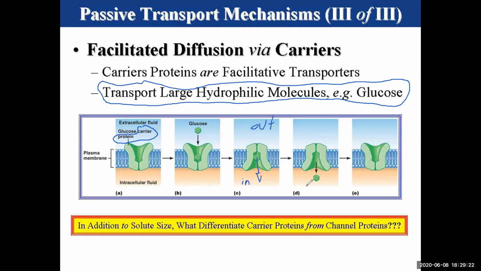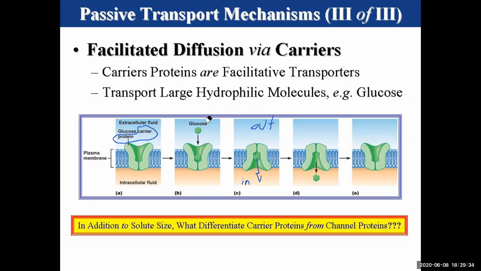That carrier protein will help glucose to move into the cell across the plasma membrane. It is still under facilitated diffusion. It is still driven by concentration gradient. The only difference is the transmembrane protein is not a channel. The transmembrane protein is a carrier protein.